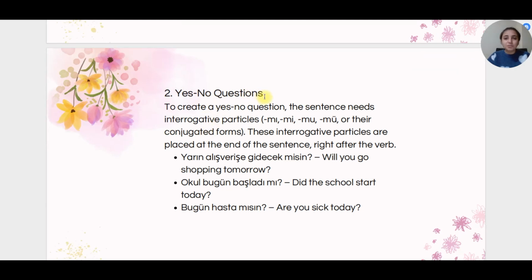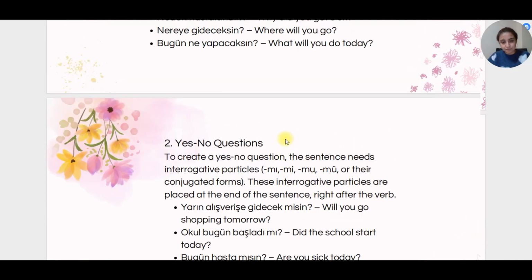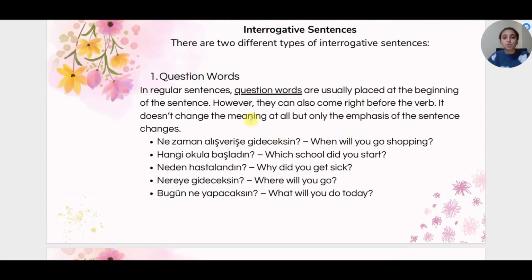Now, I really want you to be careful about the type of question sentences. First one, question words. In regular sentences, question words are usually placed at the beginning of the sentence. This is important. However, they can also come right before the verb.